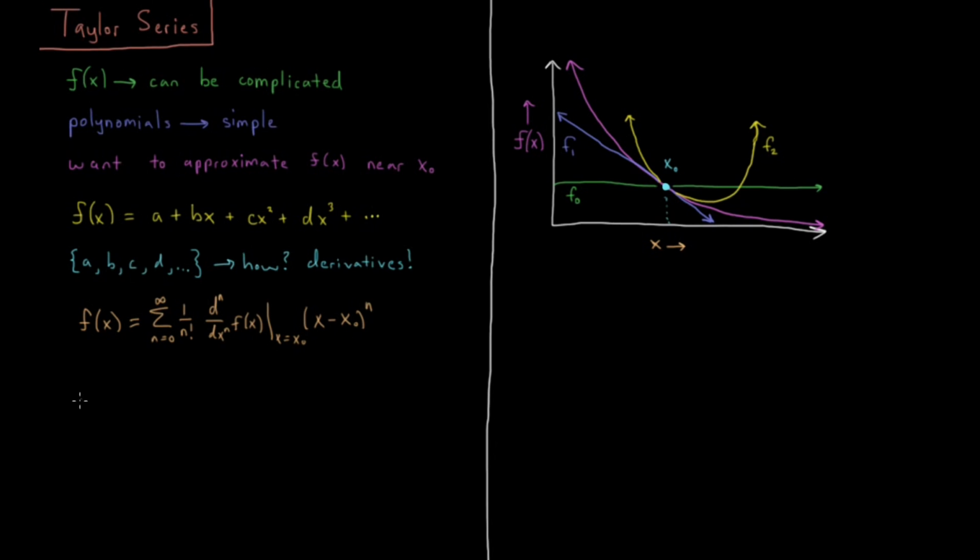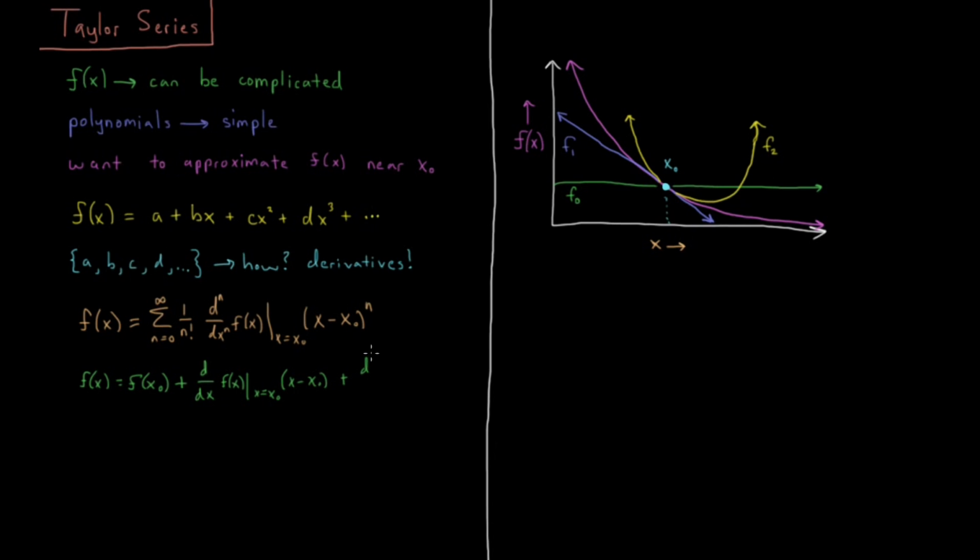So this is going to end up being f of x equals f of x naught. So the first term is the value at x naught. Makes sense. Plus the first derivative at x equals x naught times x minus x naught. So 1 over 1 factorial is 1, and 1 over 0 factorial is 1 as well.